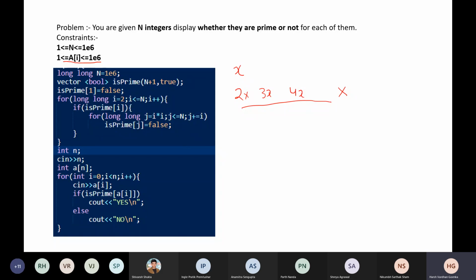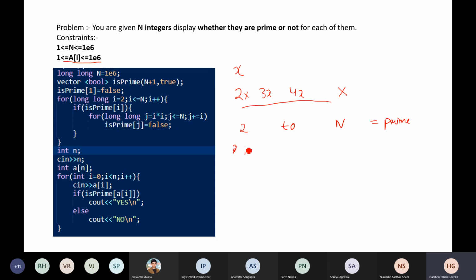So how am I doing the pre-calculation? First of all, don't look at the code. Initially let's mark all the numbers from 2 to n as prime numbers. Then we iterate from 2 to n.